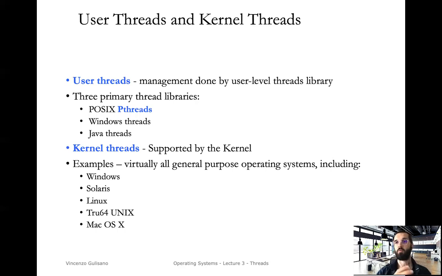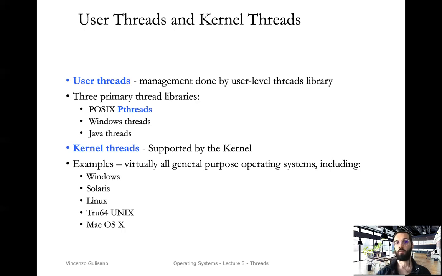But these functions could be written in a way so that periodically they get back to another function, and this function is the one that decides which one of the two to run. So you can emulate threads at the user level by writing code that makes sure that, let's say, half of the time you do something and half of the time you're doing something else. You can do all these things at the user level.